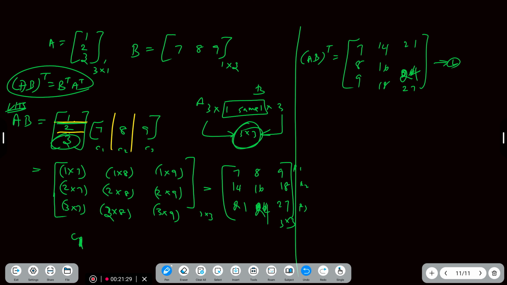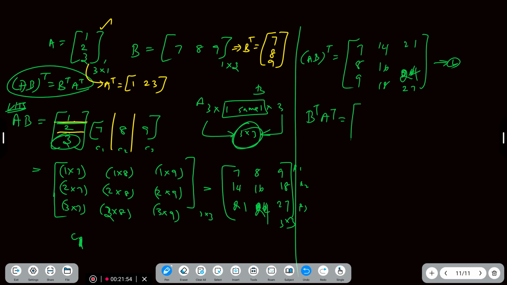Okay, so the same answer you want to get for the right hand side, which means B transpose A transpose. So here itself you find what is A transpose. Column matrix will become what? Row matrix. And here also you find B transpose. Row matrix will become column matrix. Am I right? This you take, apply there. So what am I getting?